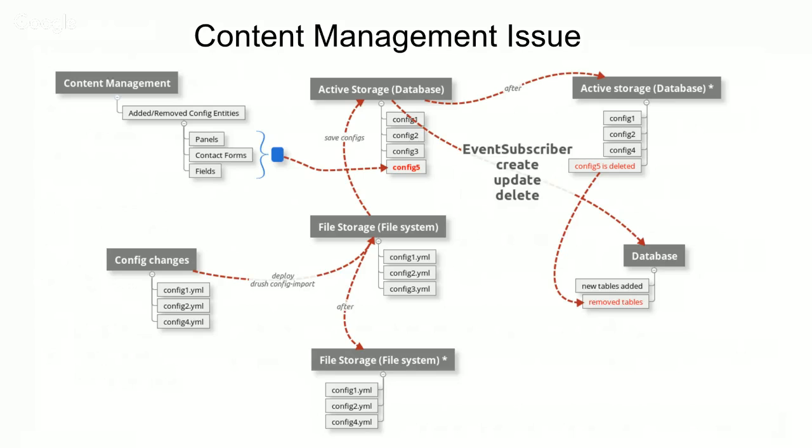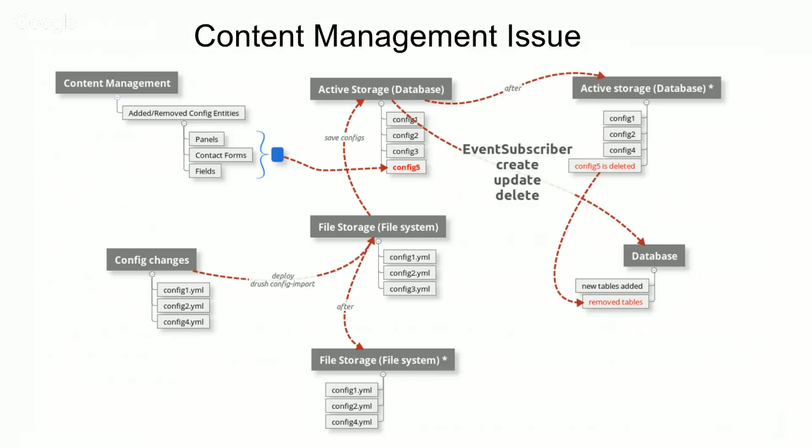when your site is on production and you have content managers who have access to create panels, contact forms, fields, and some other config entities, there is a state in the system when the active storage can contain configs that are not represented in file storage.